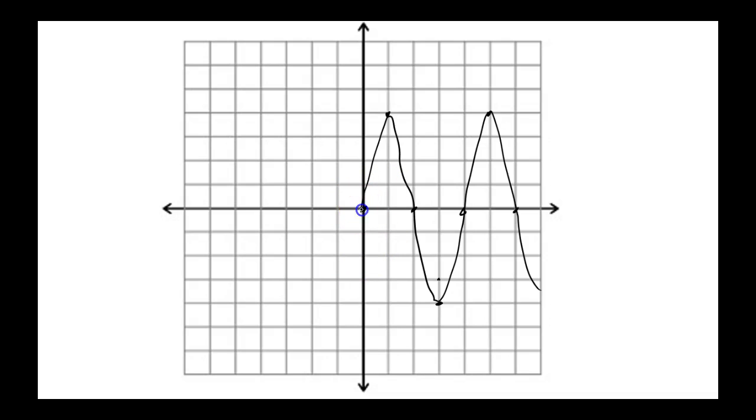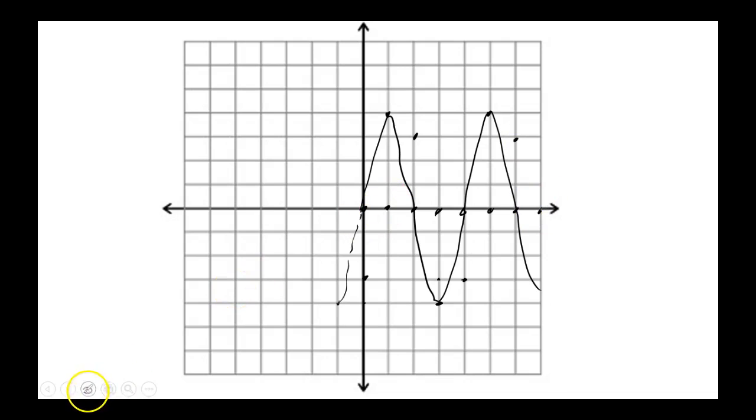I'm going to move the current up here to 3 blocks. It goes up to there and down to here, down to there and up to here, and down again.